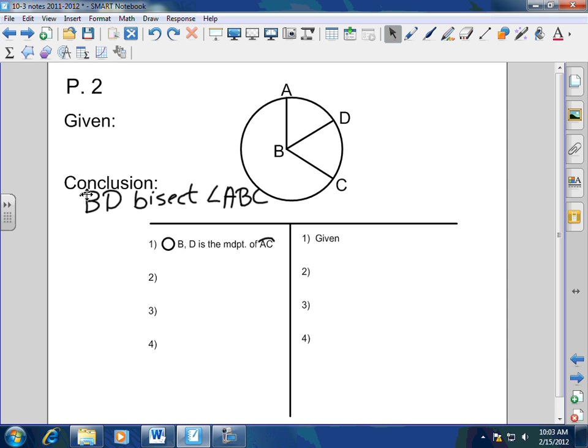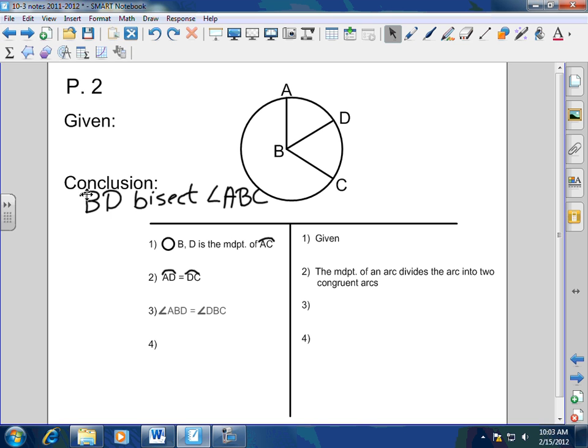First off, I'm going to know that arc AD is congruent to arc DC. Why? It is not a given. It is the midpoint of an arc divides the arc into two congruent arcs. Definition of midpoint, guys.